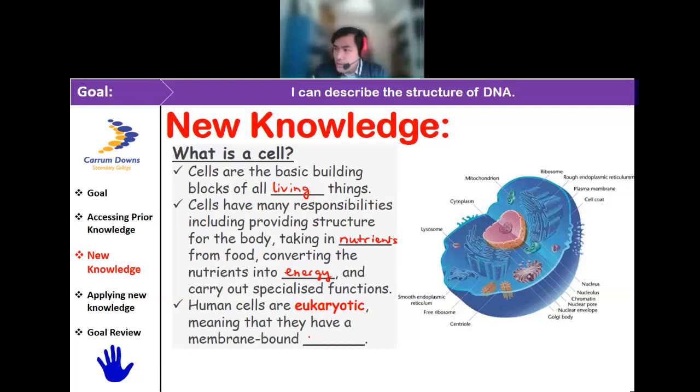So human cells are eukaryotic, which means they have a membrane-bound nucleus.